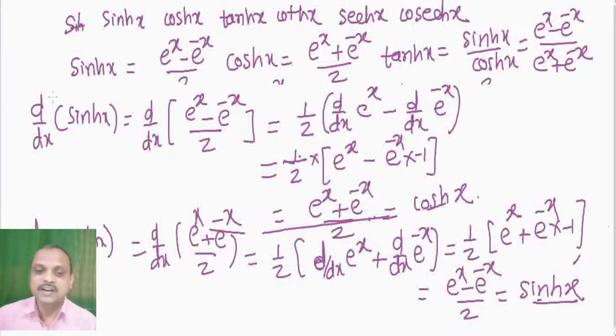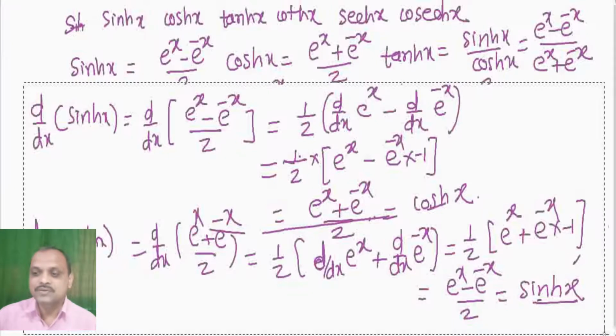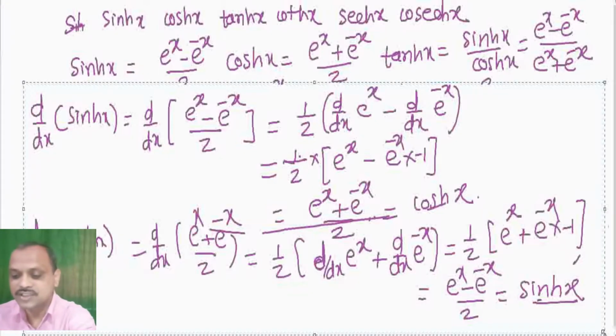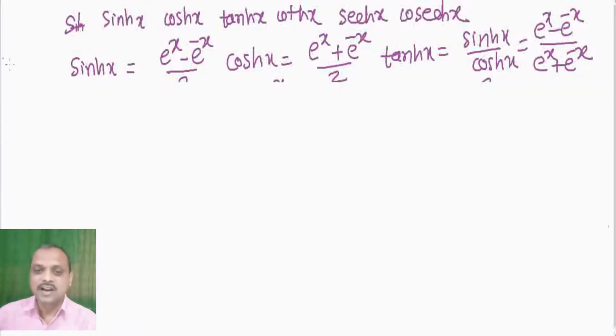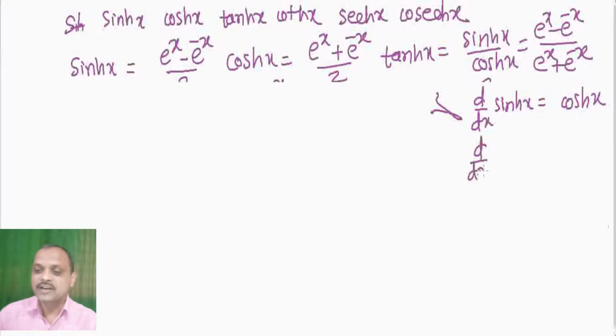So let us find the derivative of one more function, tanh x. As you have seen, the derivative of sinh x equal to cosh x and derivative of cosh x equal to sinh x. I will write here d by dx of sinh x equal to cosh x and d by dx of cosh x equal to sinh x.